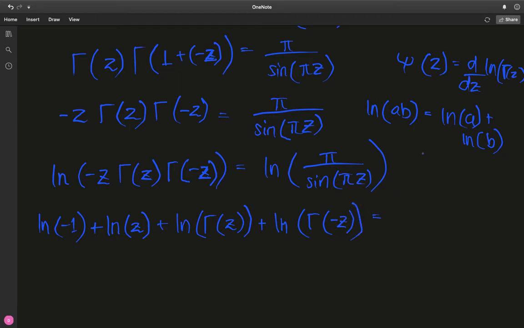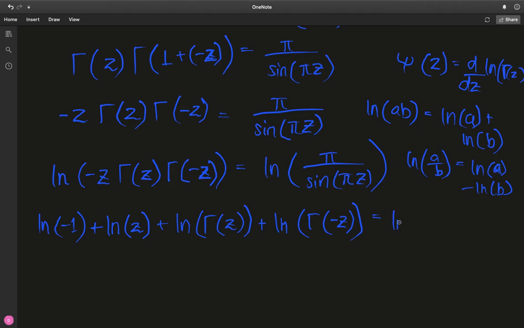And like we have a property for when we have a product inside our argument, we have a similar property when we have a quotient inside our argument. Log of a over b is log of a minus log of b.